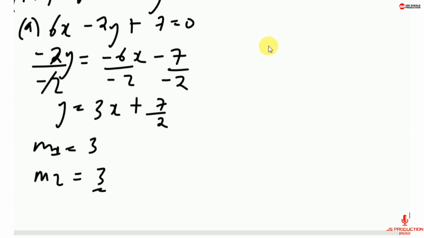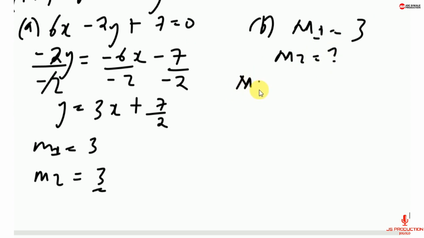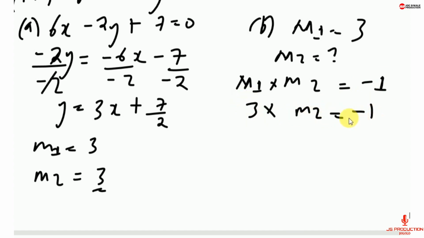Let us now look at B, finding the gradient of a perpendicular line to this equation. So we know that our m1 is 3, but we don't know our m2. But we know our general form, m1 multiplied by m2 is equal to negative 1. m1, we know that's 3, multiplied by m2 is equal to negative 1.